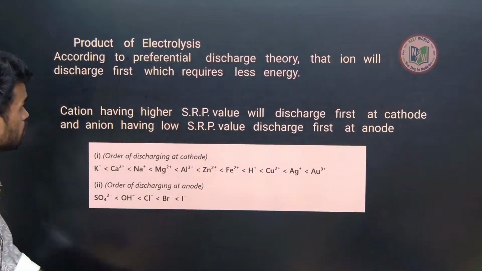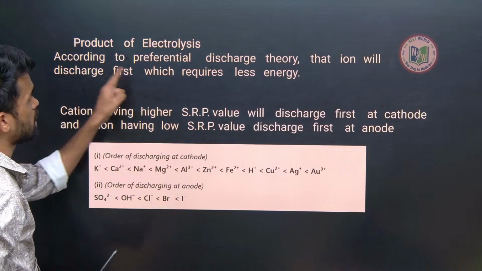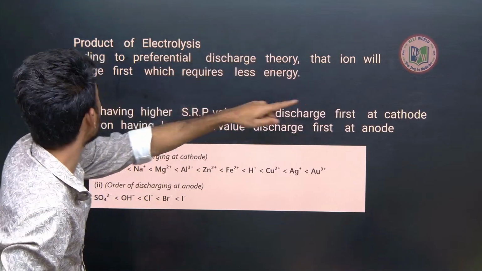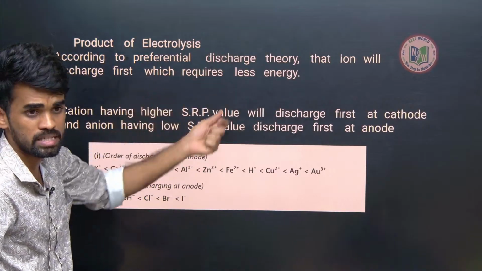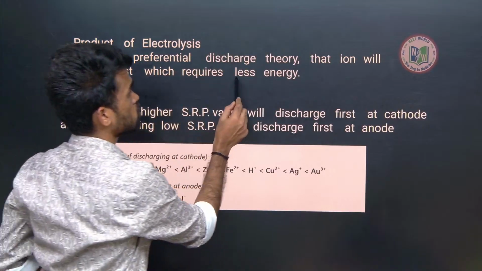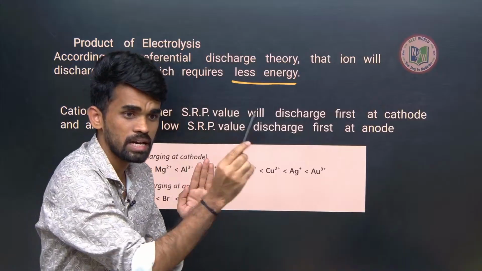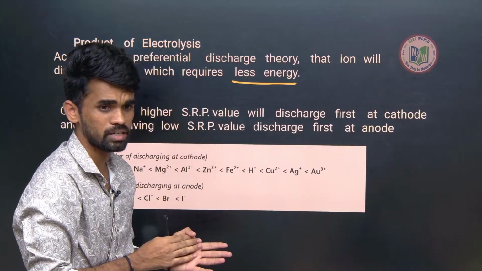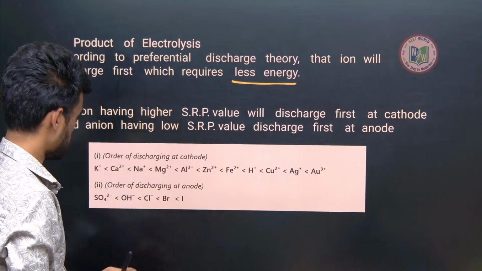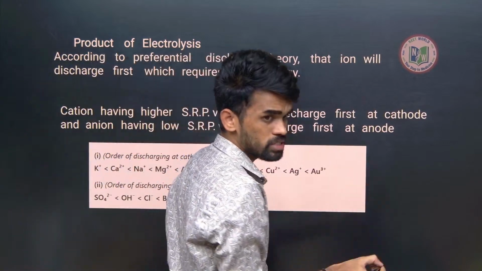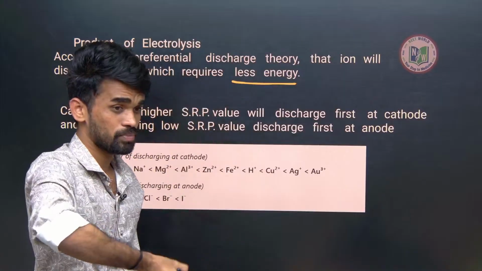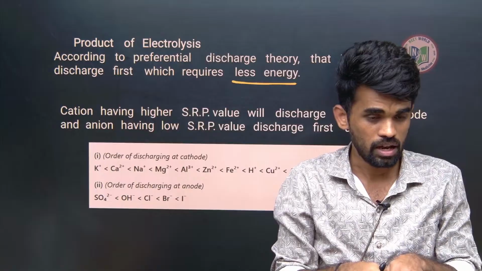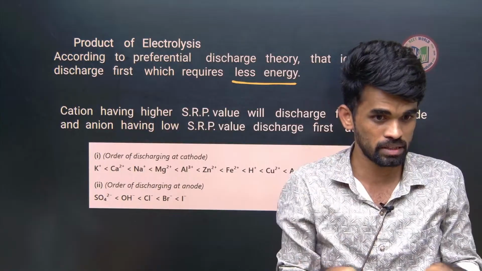Now in order to know this more clearly, look at the statement I have written here. According to preferential discharge theory, that ion will discharge first which requires less energy. So the one which requires less energy will discharge first. I have given you a table of elements for the preferential discharge theory, and I told you to remember that.